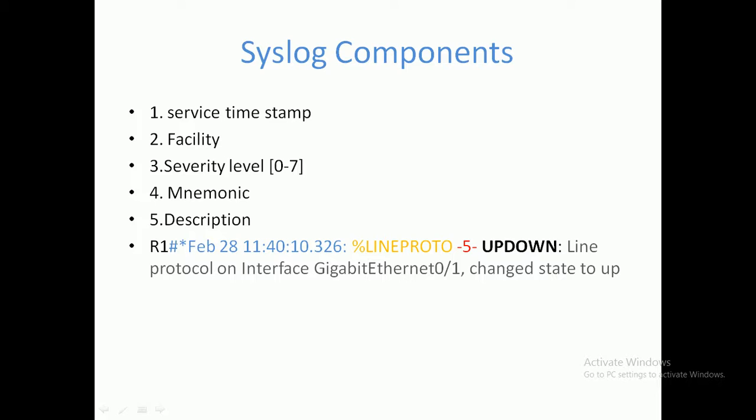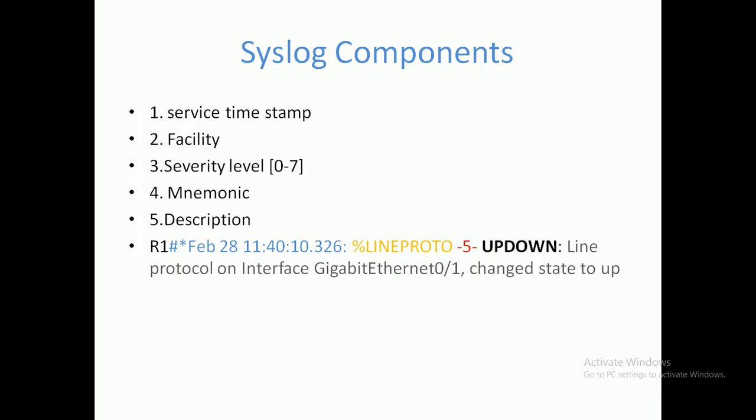Similarly, the next one is the mnemonics, which says the line protocol status is down. And the fifth component indicates that the line protocol on the interface Gig 1 changed state to up. That is known as the description. So far you know these are the components of syslog.